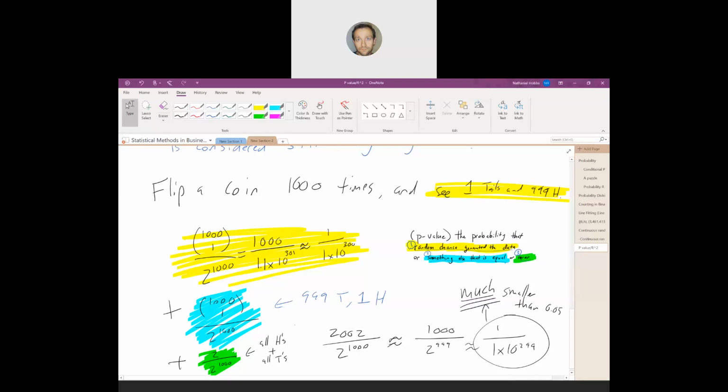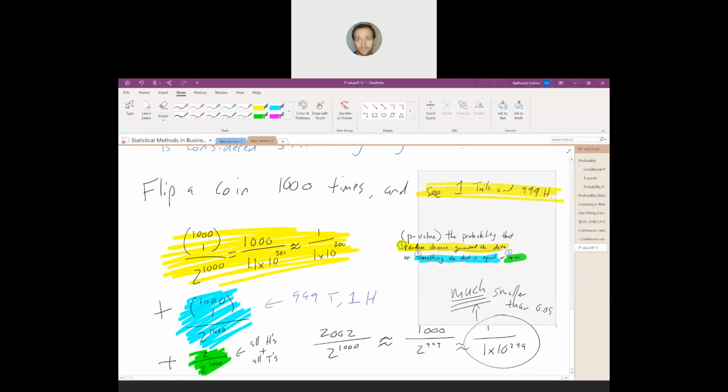So that is to say that seeing 1 tails and 999 heads is not something that you should accept as a likely thing to happen with a fair coin. That is statistically significant.